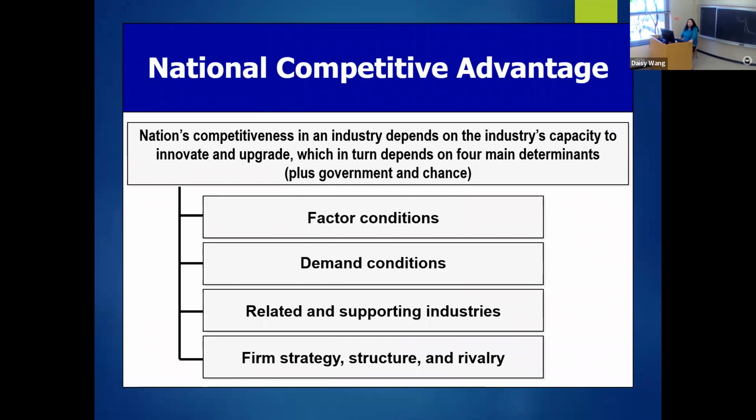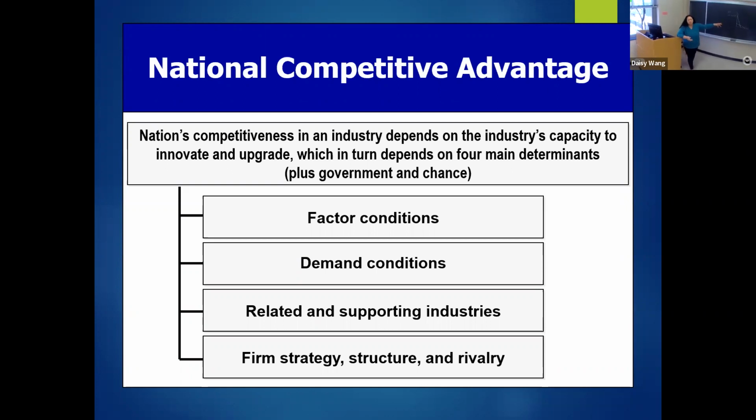And then the last theory is Michael Porter's national competitive advantage. It's also called Michael Porter's diamond. We can look at different countries' competitiveness by several things. First is the factor condition, like how abundant they are in different factors, like capital, labor, land, those kinds of things.